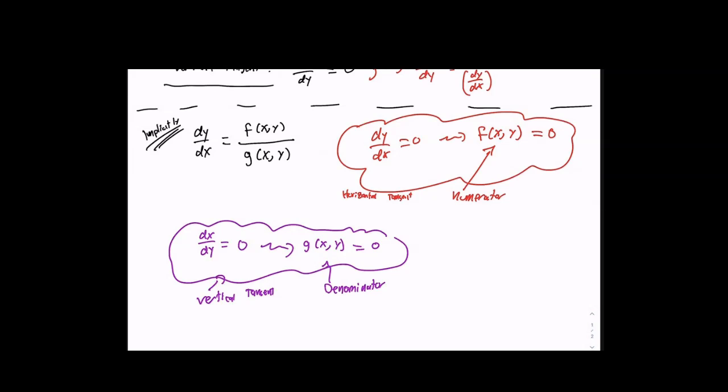Note that if you can't find dy/dx, you still use what they say is dy/dx. You don't go, well, I found this to be dy/dx, so I'm going to use this. They're right, you're wrong. Use their dy/dx, and that's how you usually can do part B where you couldn't do part A. So horizontal tangent, we set the numerator equal to 0. Vertical tangent, we set the denominator equal to 0.